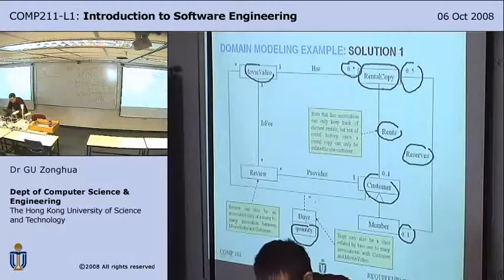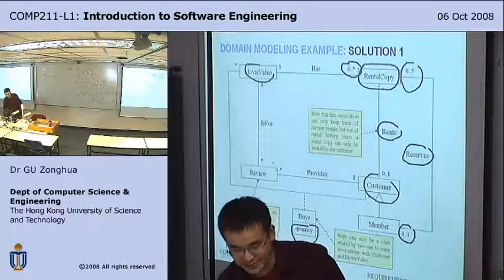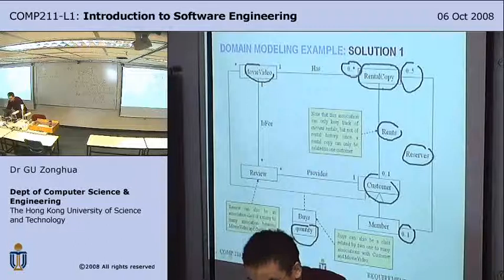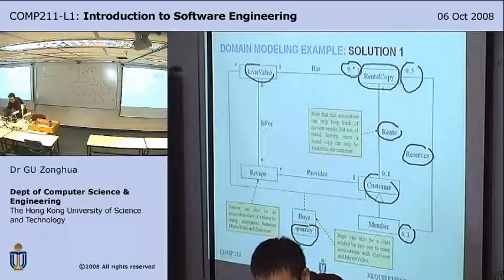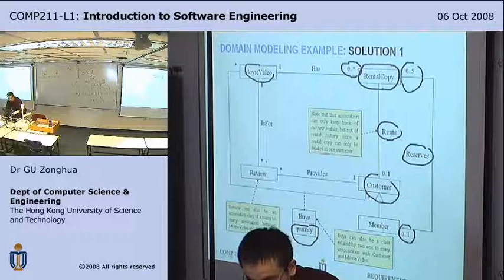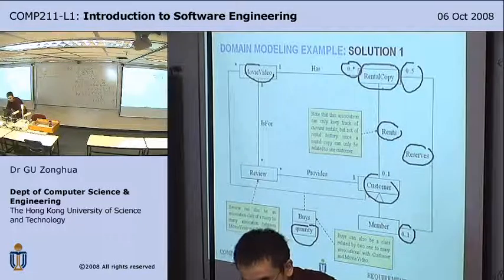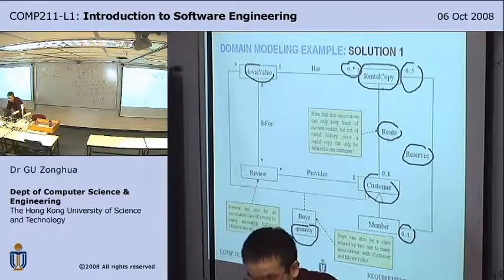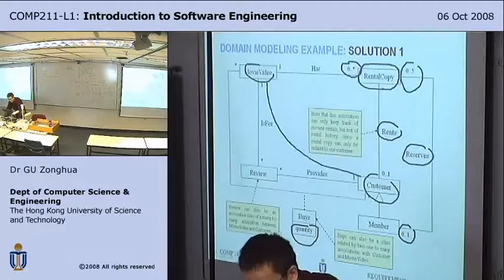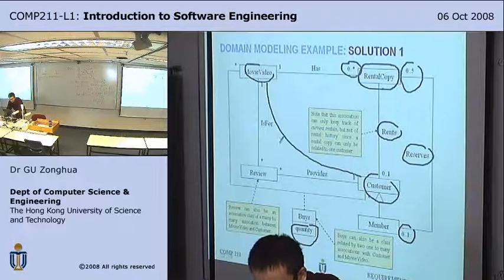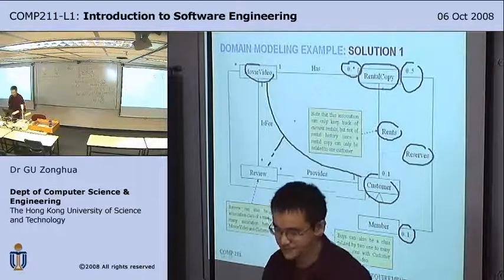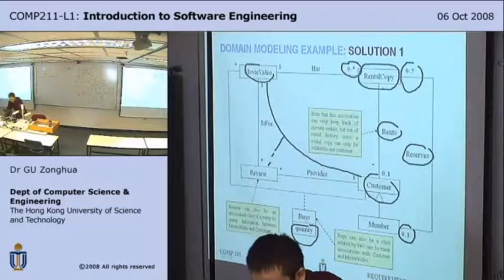So in fact, you can put review as an association class instead. Instead of a review with 2 associations, you can have 1 association between movie video and customer, and put review as the association class for that association. Both are okay.